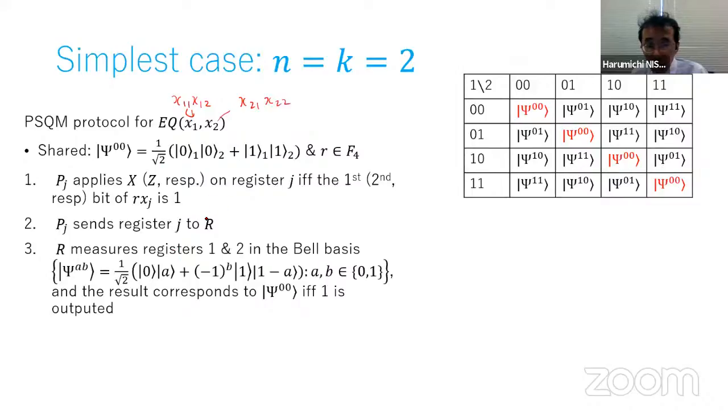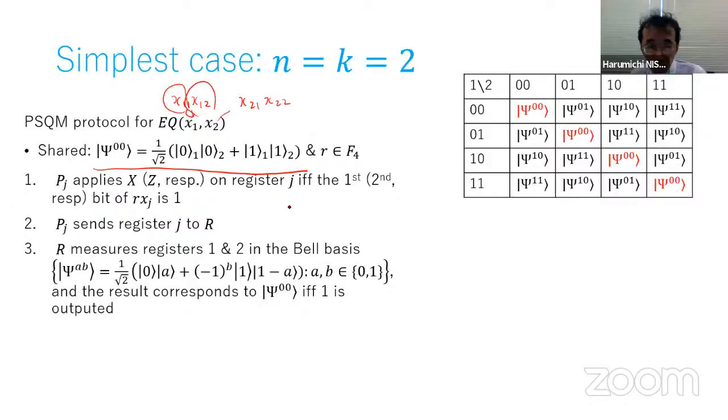In this case, basically, we use the EPR pair and apply XZ depending on the first bit and the second bit. Then if the inputs are the same, the output is the original state. And if the inputs are different, then we get the state orthogonal to this.